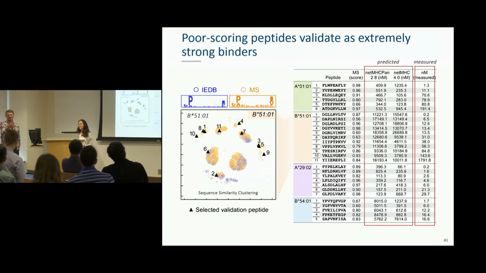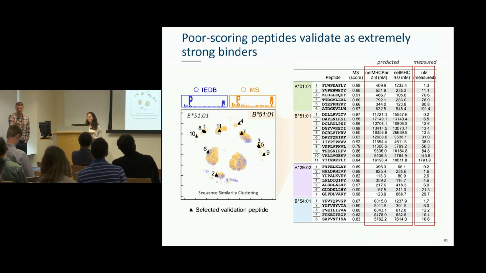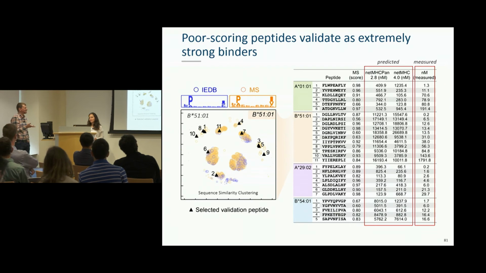Within a cluster, the motif is essentially the same, but what you'll tend to see is that there'll be some clusters that are very mass spec heavy. Most of the examples are mass spec peptides, and one or two are from IEDB. Within those, what you would typically see if you run that NetMHC prediction is a very poor prediction.